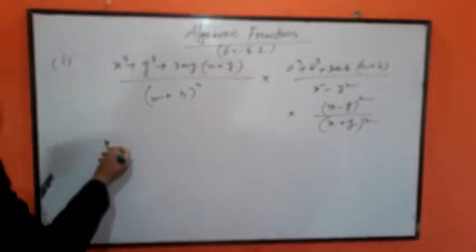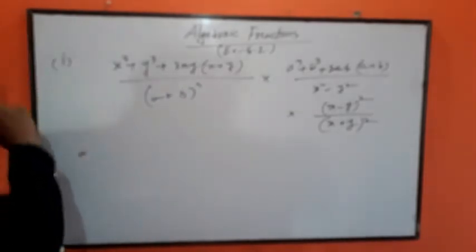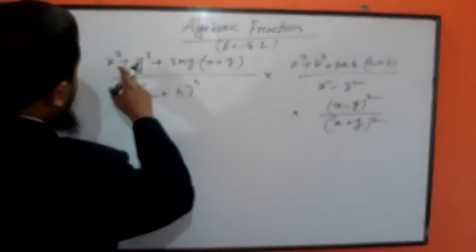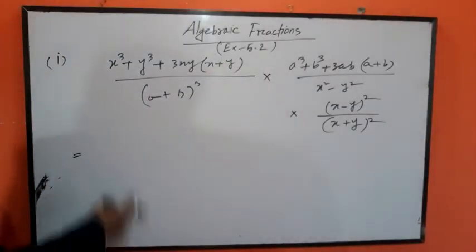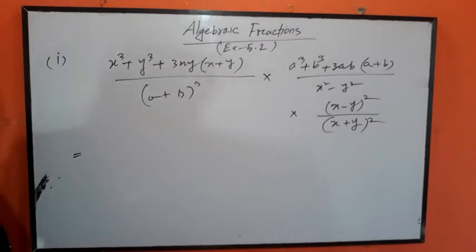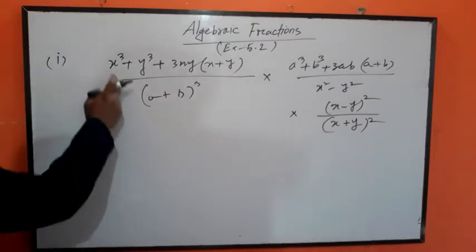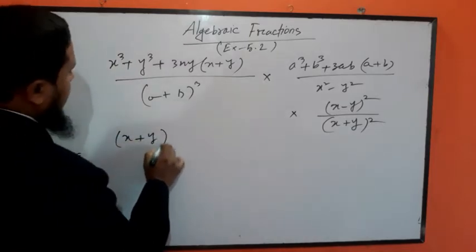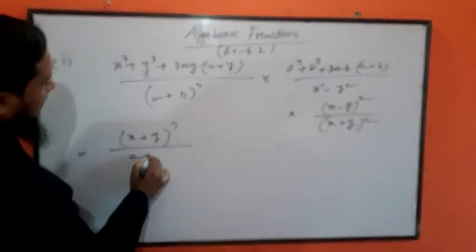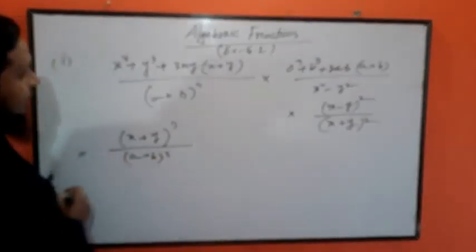Now you see here x cube plus y cube plus 3xy into x plus y. This is directly a formula. We can write easily x plus y whole cube, and this is a plus b whole cube given.